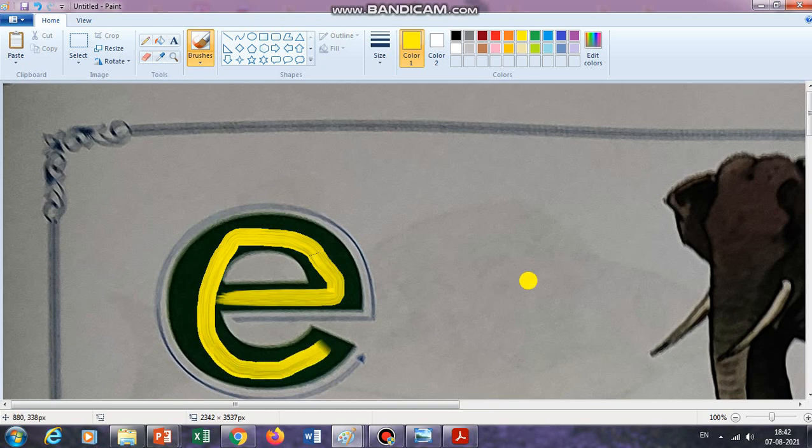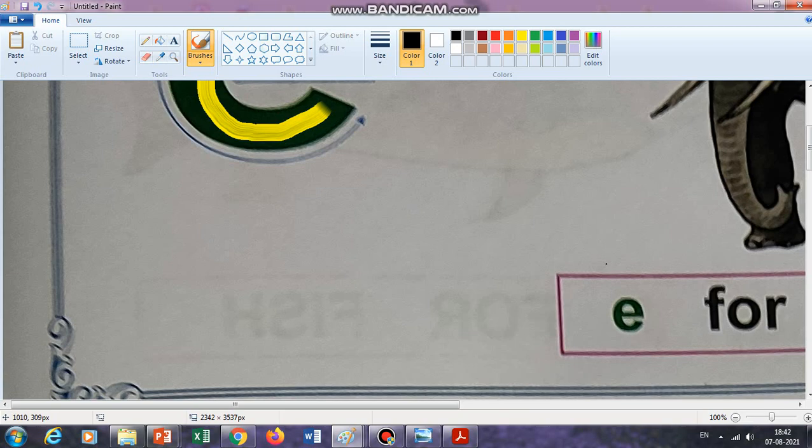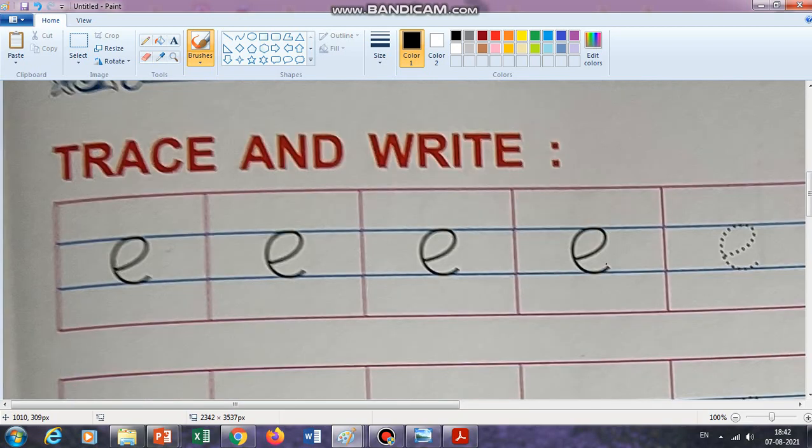E. Here the formation is a little bit different, but then also we will make sleeping line, then we'll go up and make the curve.